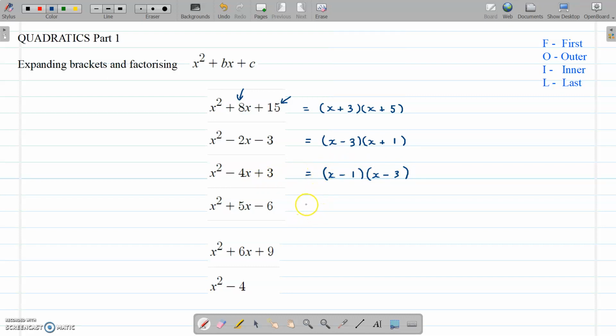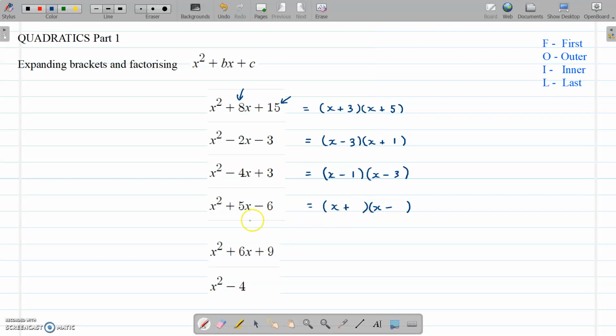Okay, and the final one I've got here in this group is that I'm looking for factors of -6 that add to give me 5. Now again, one must be a minus and one must be a plus. Okay, because to make -6, it's got to come from a negative number times a positive number. All right, so it's just a question of thinking of the factors of 6. Well, it could either be 1 and 6 or 2 and 3, and then deciding which pair will give me the 5, and which one's the negative and which one's the positive.